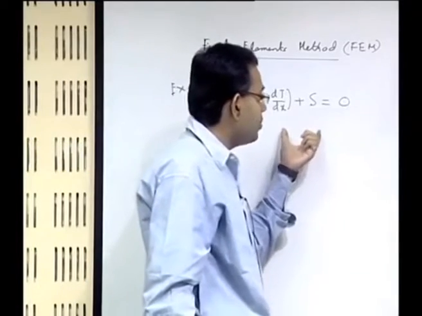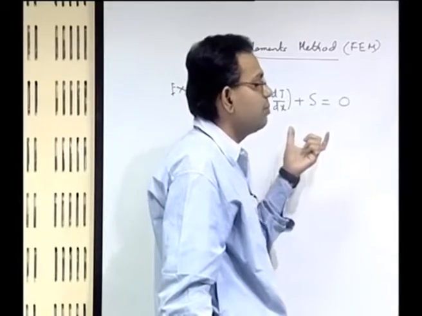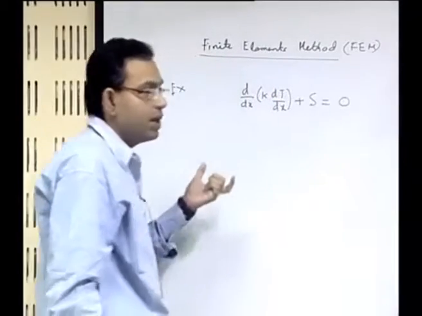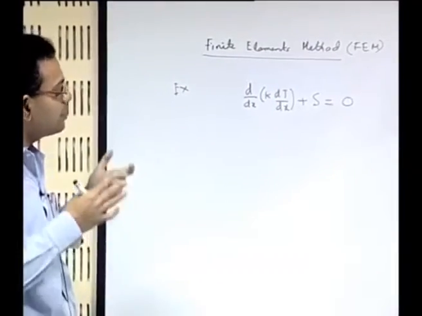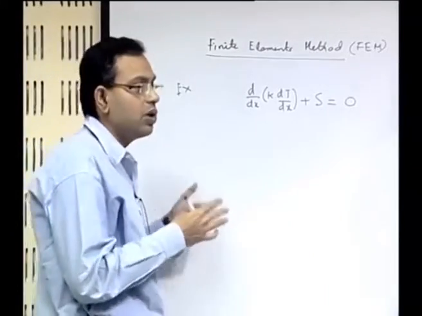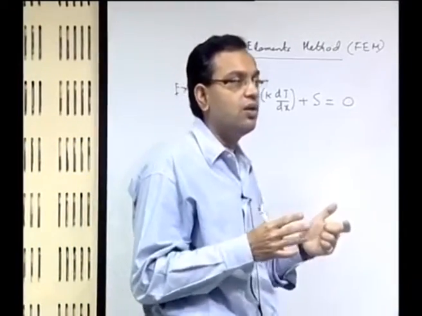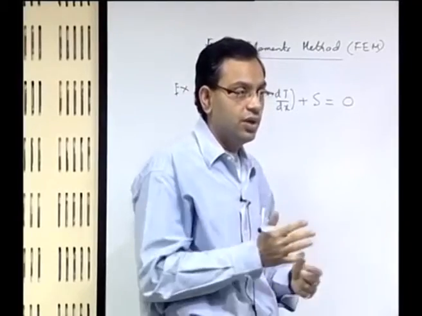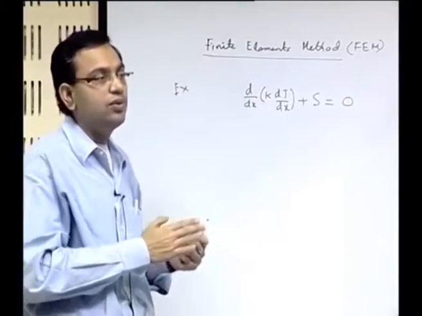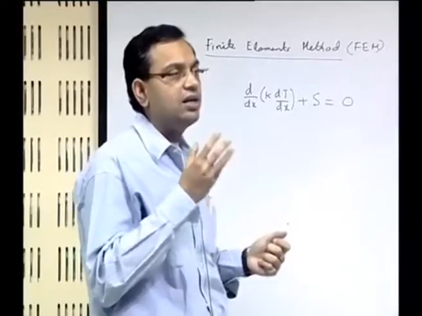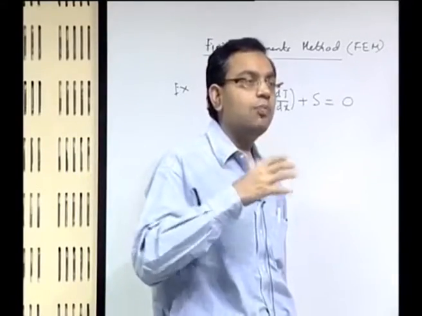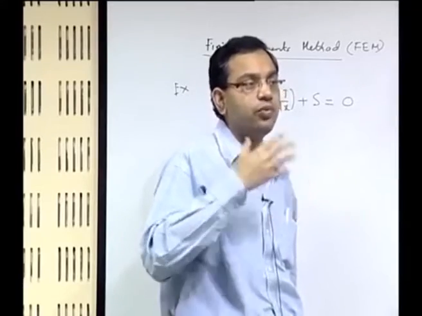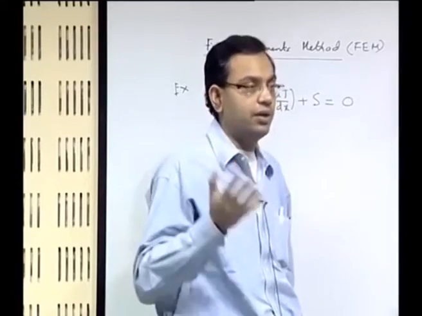Remember that the finite element method can be perceived in many ways, but in one of the ways in which it can be done is that one type of finite element method can be thought of as a discrete version of the Galerkin's method. So, the Galerkin's method, if you recall that we had a trial function same as the weighting function, and we employed that trial function and weighting function over the entire domain.